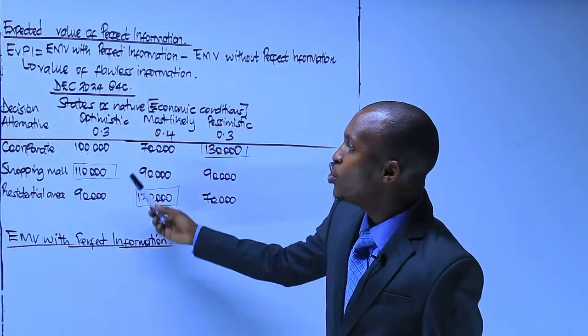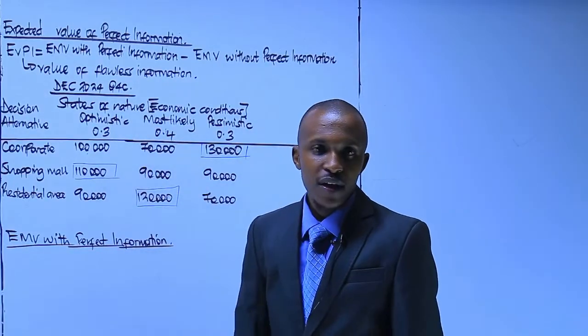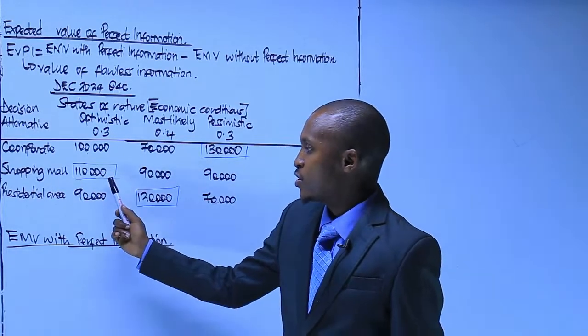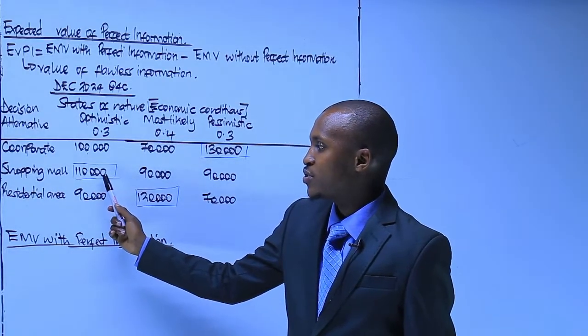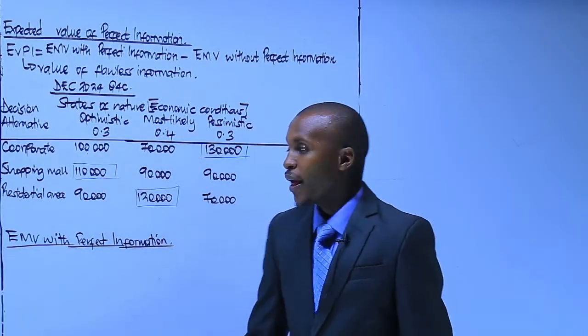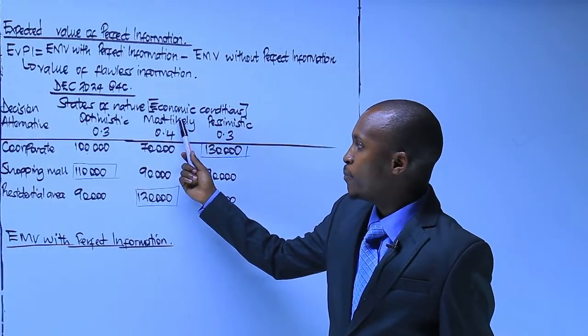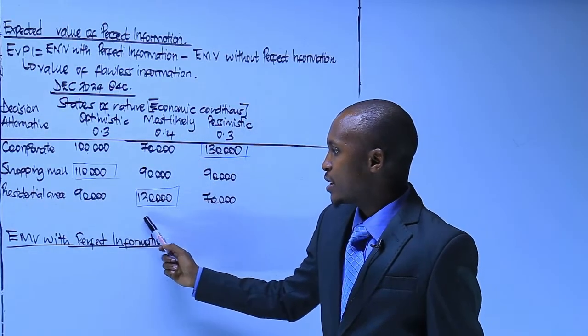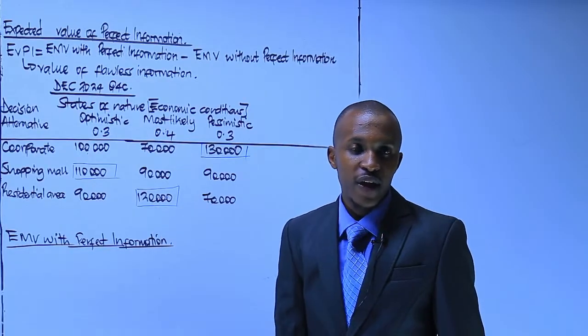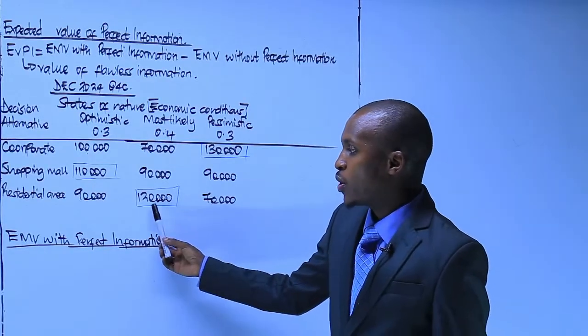Why? If you knew under optimistic that the shopping mall is the best decision you could make, the best decision is to choose what? Shopping mall. If under most likely you knew that the residential results in the highest payoff, you're going to select what?